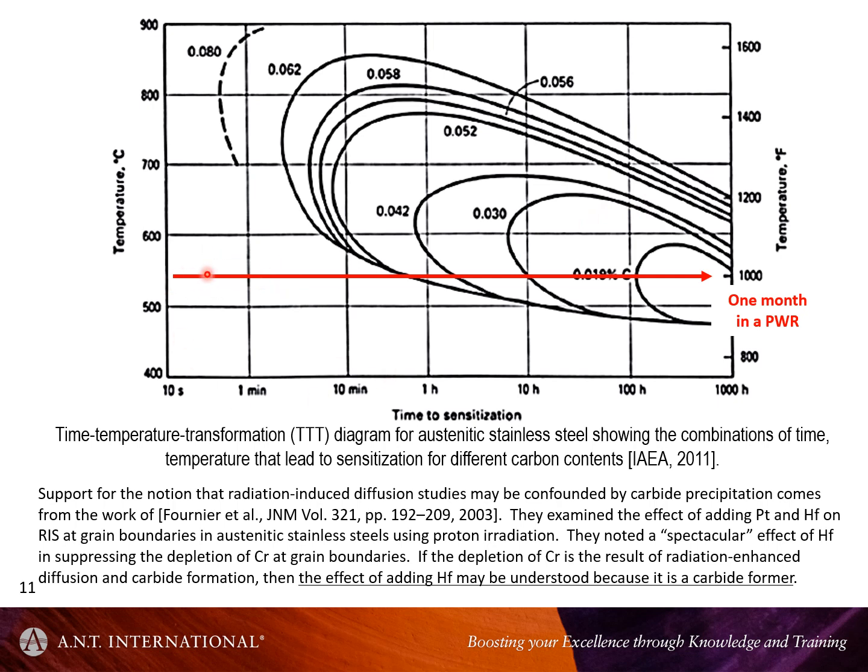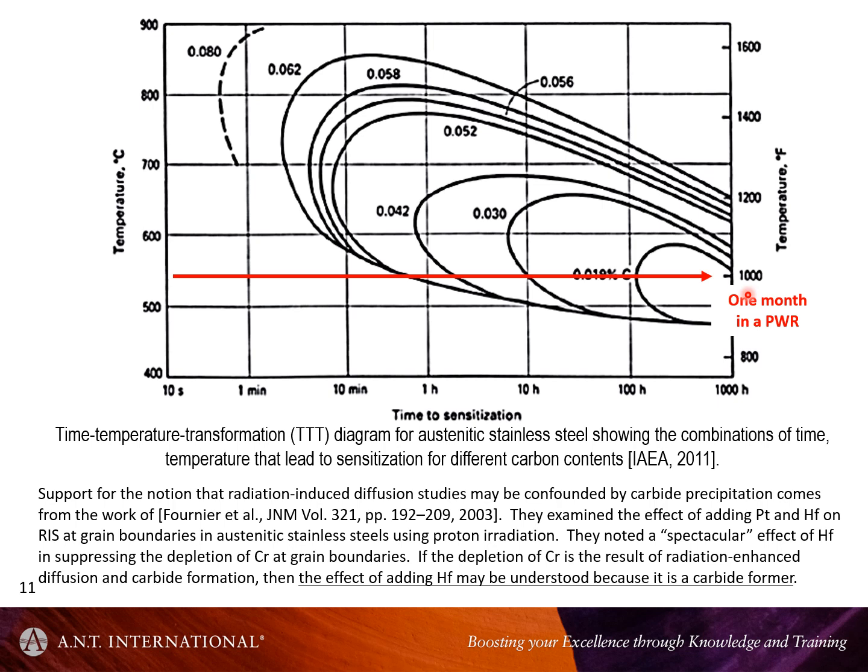Anyway, I should look up the reference for this, but basically what's happening is that it's easy to see that you only need a couple of months to start to precipitate carbon and to start depleting the chromium at the grain boundary. And so I would be more inclined to say this is potentially a radiation enhanced effect, not induced.